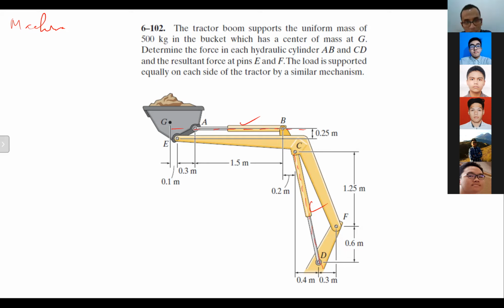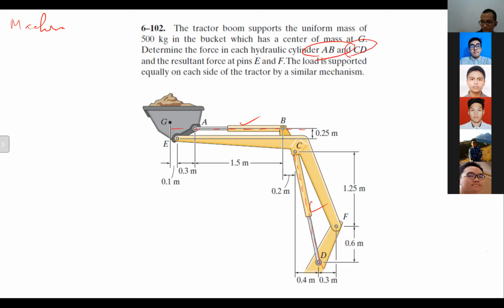Yes, sir. Okay, and now please let me know, Darian, what forces we're supposed to find here. The one that is in question, the one we have to find: the hydraulic cylinder AB and CD.